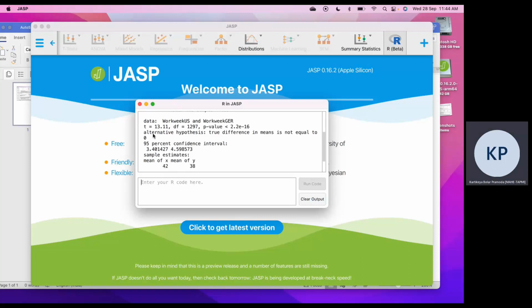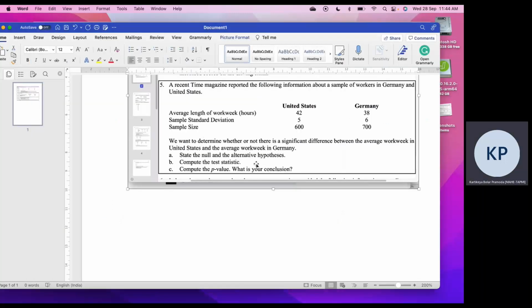Now how do we interpret the result? The test statistic is 13.11 and the p-value is very small. If you go through the problem, it is suggested that we look at a 95% confidence interval, so 5% is the level of significance.